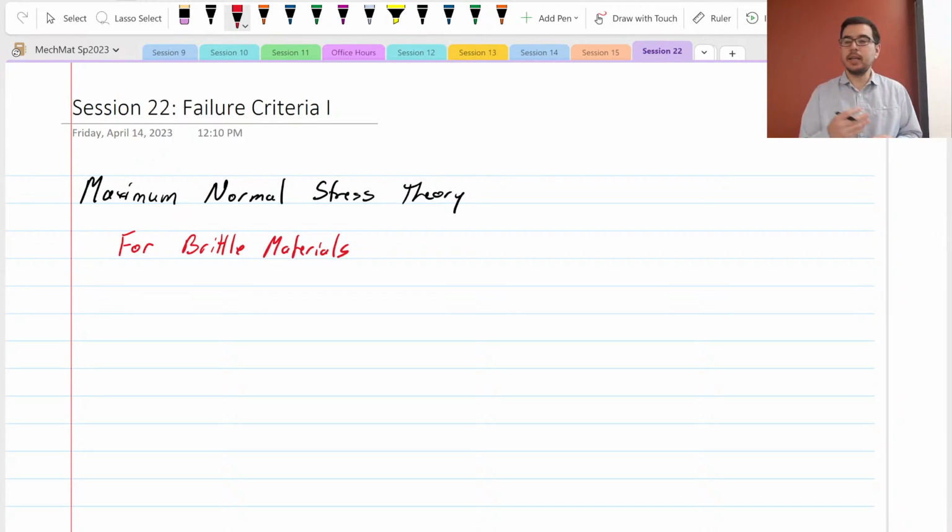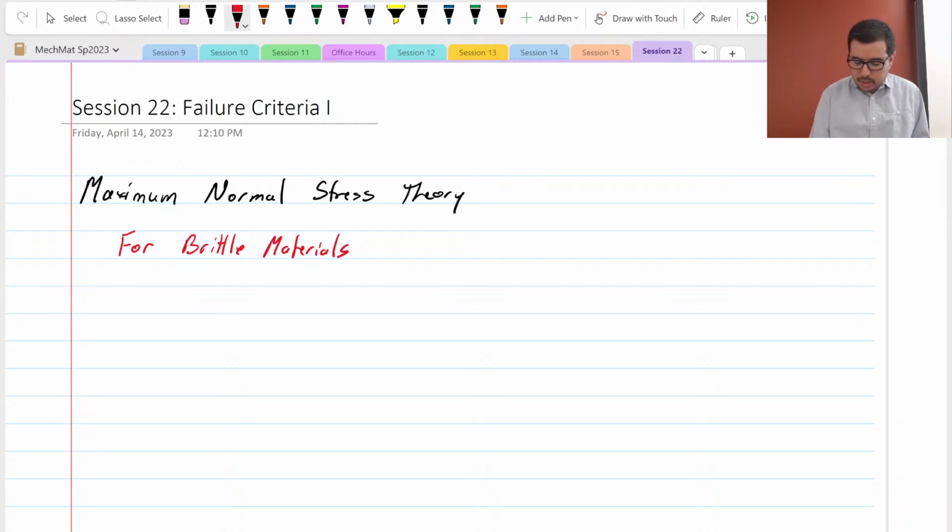They don't have necking. They typically don't have a large modulus of toughness. They have a break plane that is orthogonal to the normal stress, because the normal stress is the trigger. That's what causes it to fail. So first, yes, use it on brittle materials.